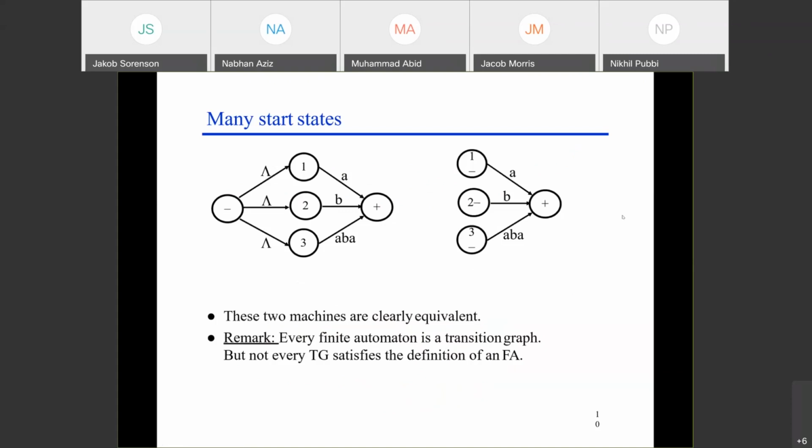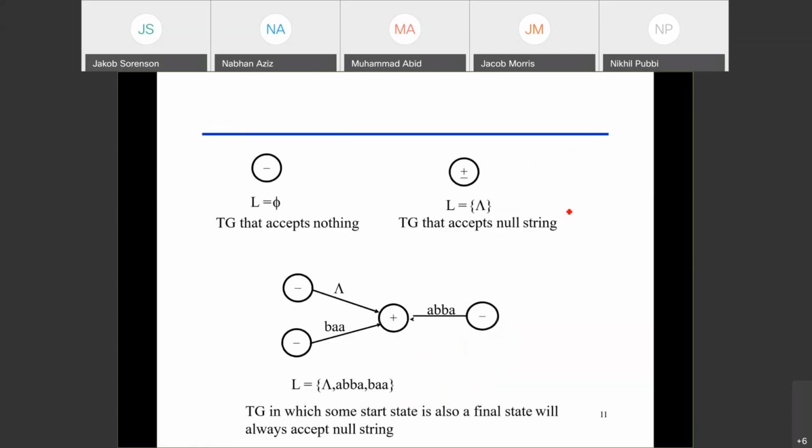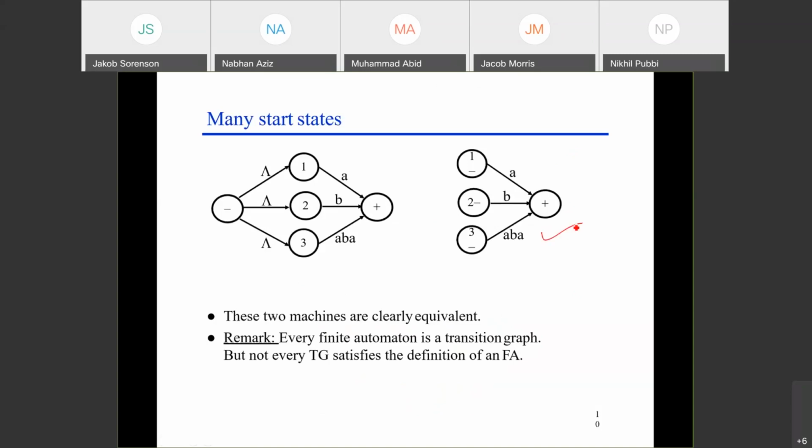Let's see who is here. Riley, is this a valid TG or not? I put a tick mark here.